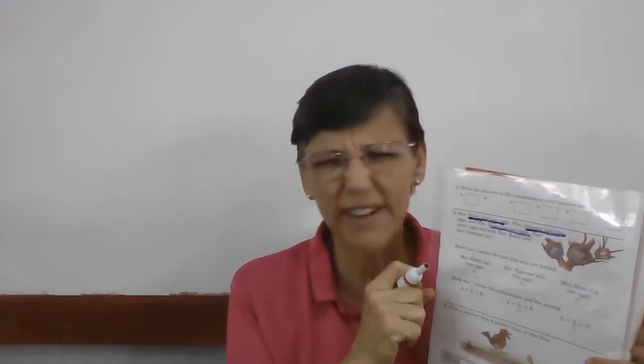What is the extra information that you don't need? Is it Mrs. Robin laid 4 eggs? Is it Mrs. Sparrow laid 5 eggs? Or Mrs. Dove laid 2 eggs? Which one of those didn't you need? Okay, color that in. Now, from the parts that you circled, I didn't mark it on here because I don't want to show you.